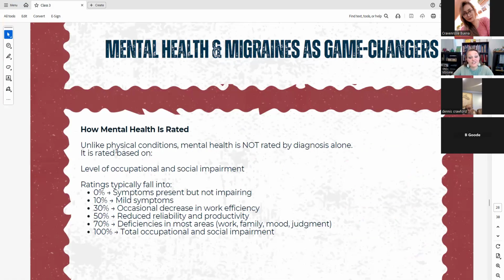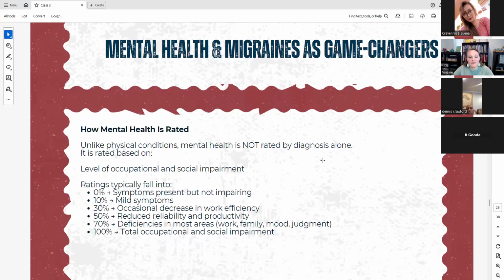So unlike physical conditions, mental health is not rated by diagnosis or range of motion alone. It is rated on occupational and social impairment. So a lot of times veterans struggle with irritability. We don't like to be around people. We don't want to travel. We don't want to go to big events. We are short-tempered. We have road rage.